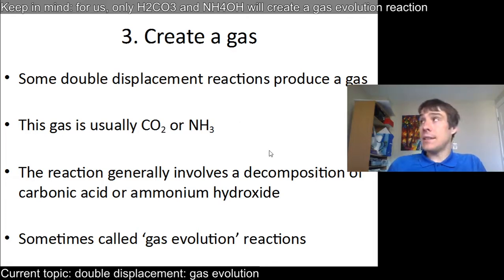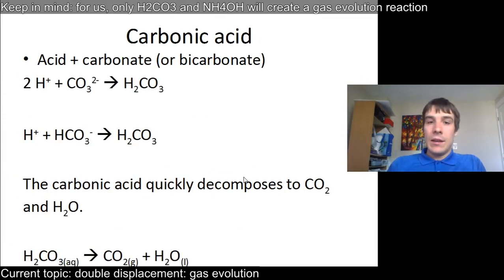And that's going to be a decomposition of carbonic acid, which is H2CO3, or ammonium hydroxide, which is NH4OH. Here are carbonic acid and ammonium hydroxide. Carbonic acid comes from any acid, H+, meeting a carbonate. It can be a carbonate or a bicarbonate. So when H+ meets CO3 or H+ meets HCO3, you make H2CO3.